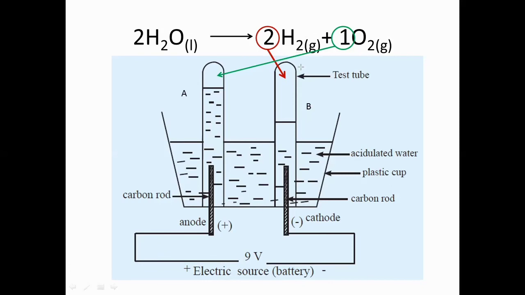So you can identify the test tube which has the hydrogen gas and the one with the oxygen gas by the mole number. Here you can see this one has one portion and this one has 2 portions. So the B test tube has the hydrogen gas and the A test tube has the oxygen gas.